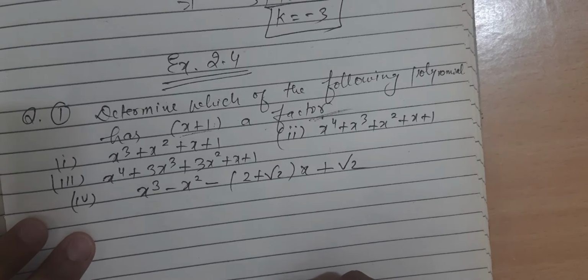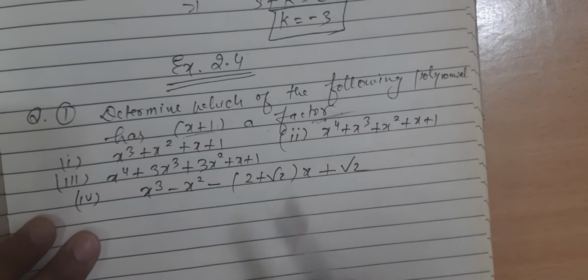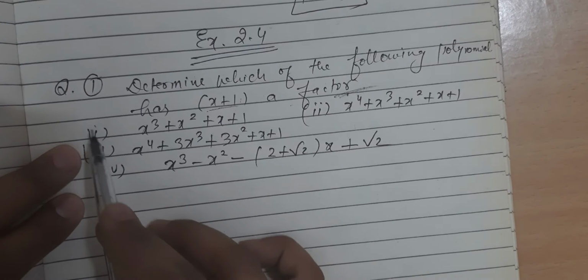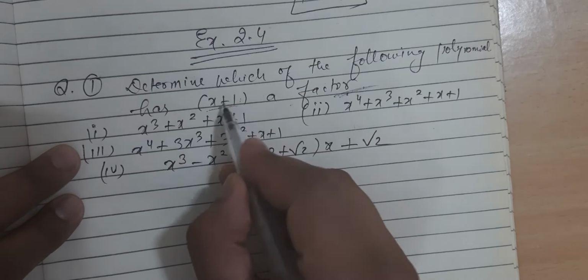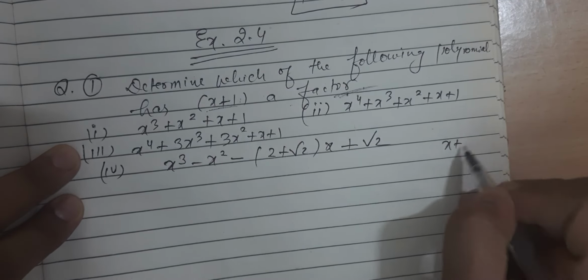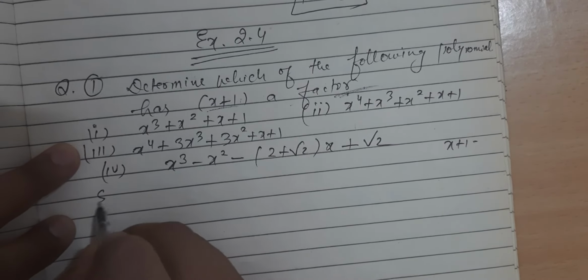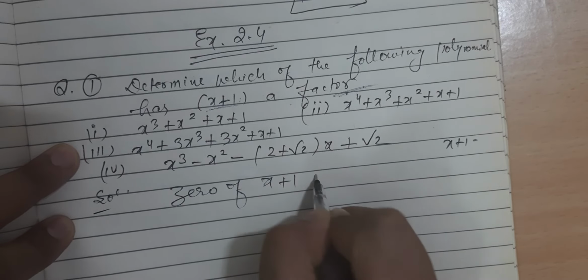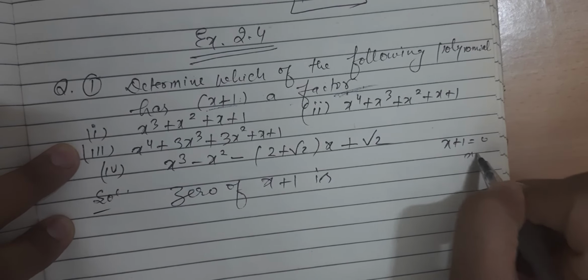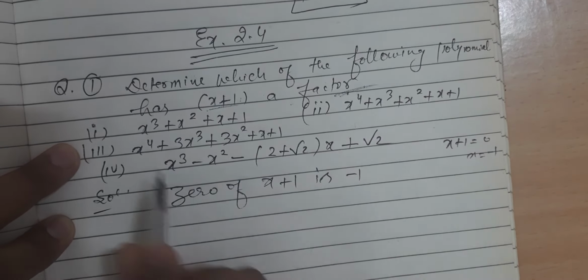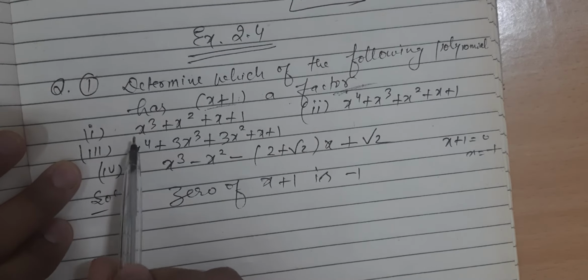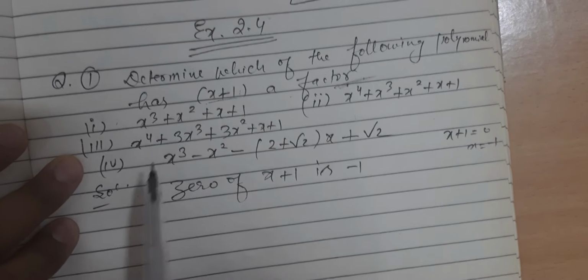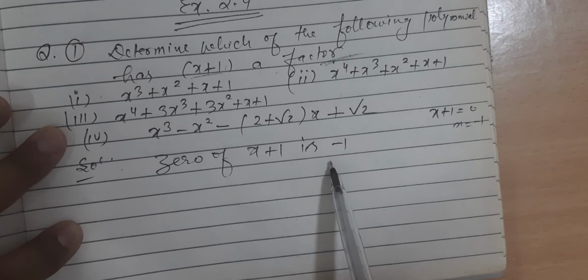If we don't get 0, then it is not a factor. In each case we'll put x equals the zero of x plus 1. The zero of x plus 1 is how much? Minus 1.